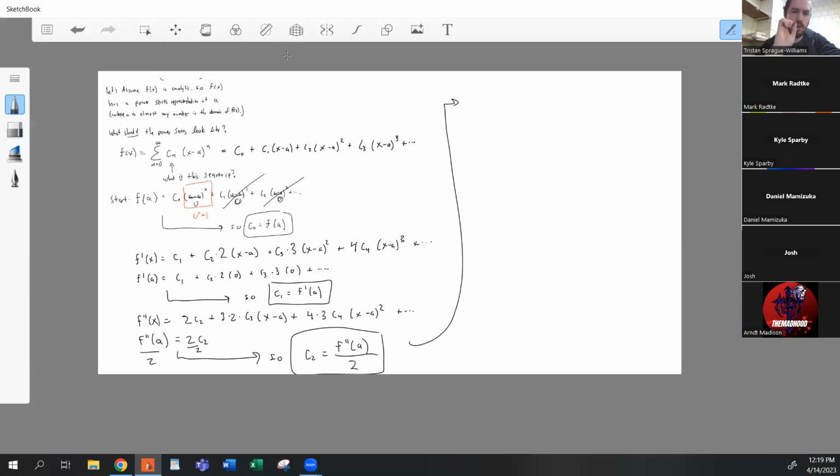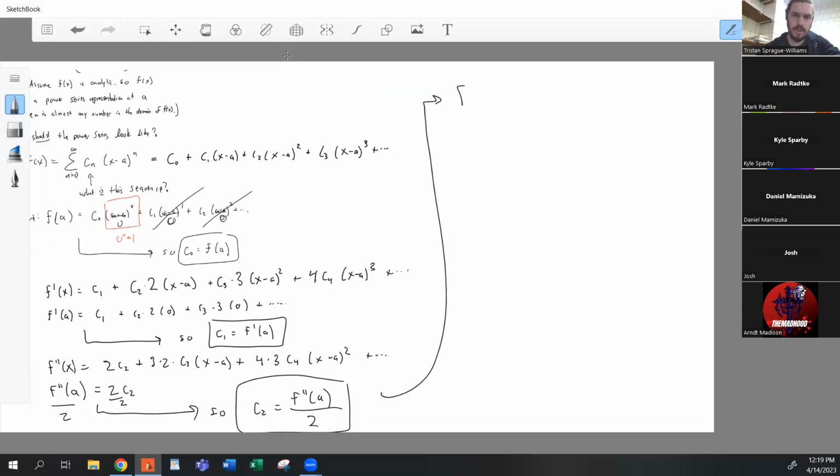Let's see what we get for one more case. And then I think we might be able to discern the pattern after one more iteration. So if we look at the third derivative, starting from the second derivative here, we do the derivative of the constant term, that's gone. We get the derivative of this term. The derivative of x minus a is just 1. So we just have this as our new constant term.